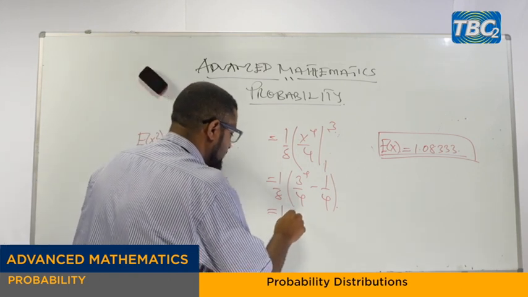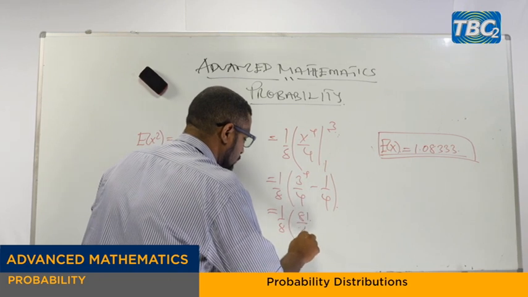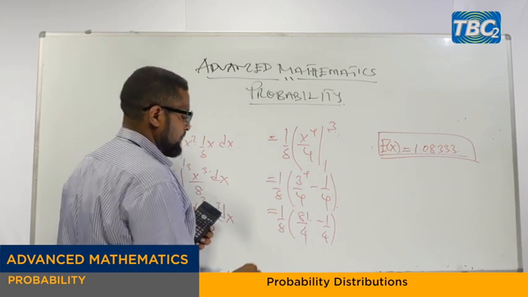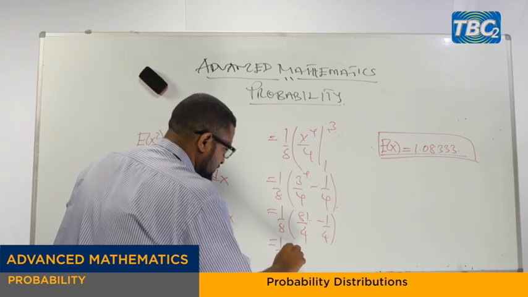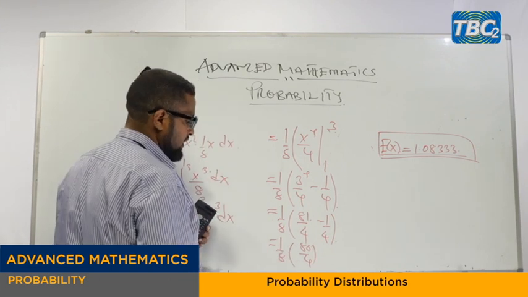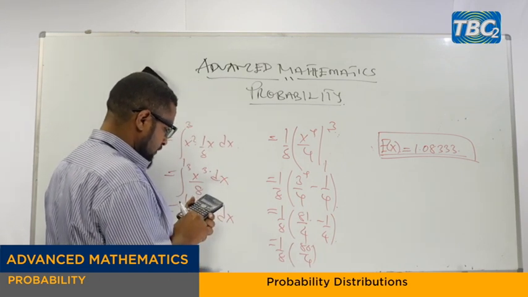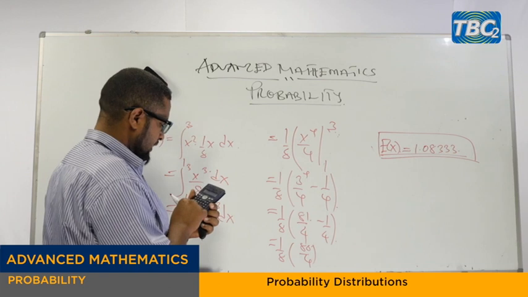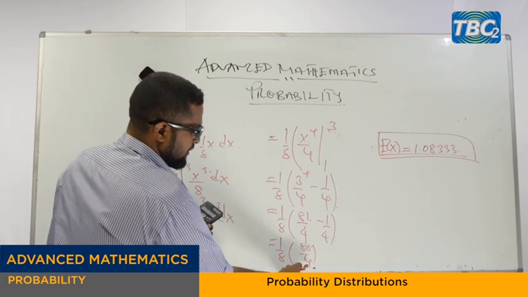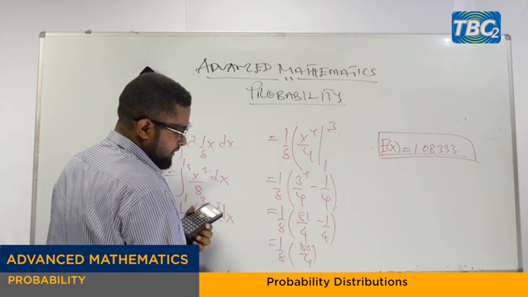So 1 over 8 times 81 over 4 minus 1 over 4, which is 1 over 8 times 80 over 4. 80 over 4 is 20.